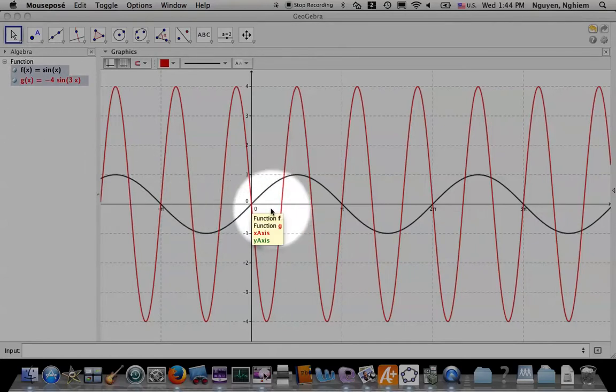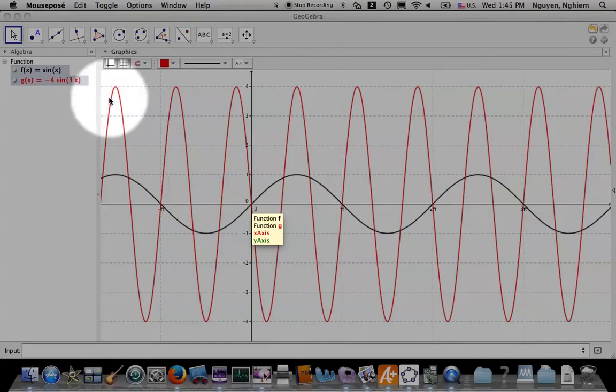Okay, that's what the negative is effectively doing. Now, the waves used to go only up to 1, but now it goes up to 4, and it goes down to -4. And that's what this 4 here is doing. And the waves used to have a period of 2 pi. In other words, if you look at this section right here, between 0 and 2 pi, there's only one cycle of the wave. But now the period is smaller.